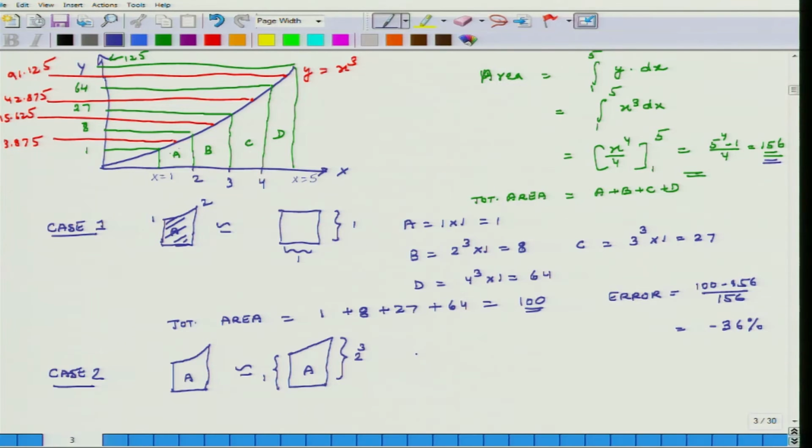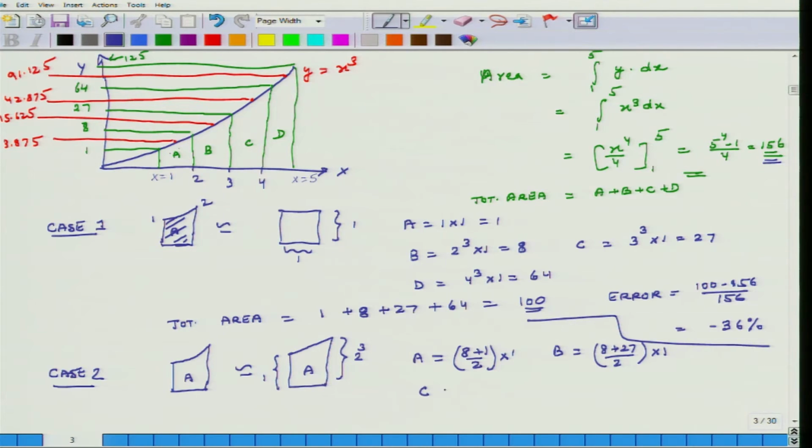So, in this case A is equal to 8 plus 1 by 2, times 1. Area B using a similar method is 8 plus 27 by 2 into 1.